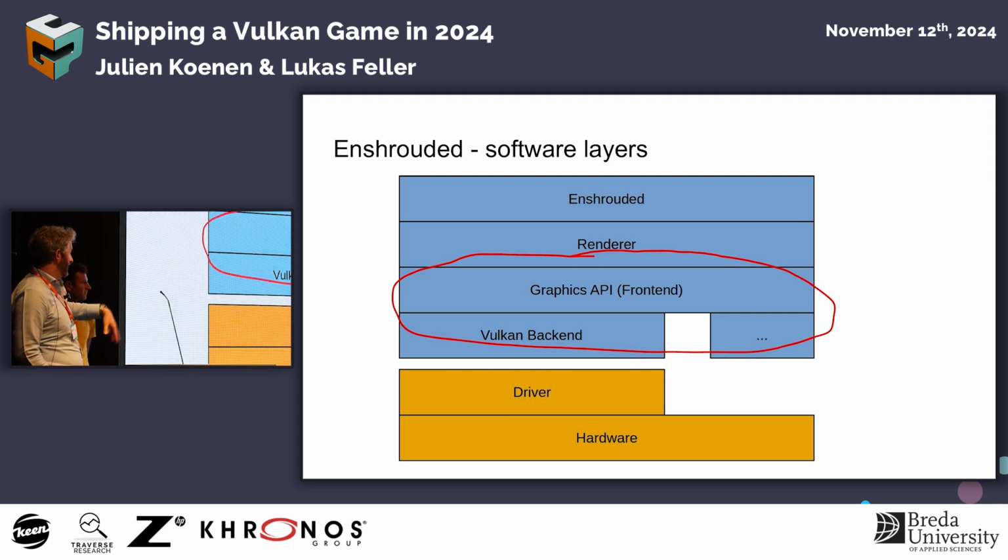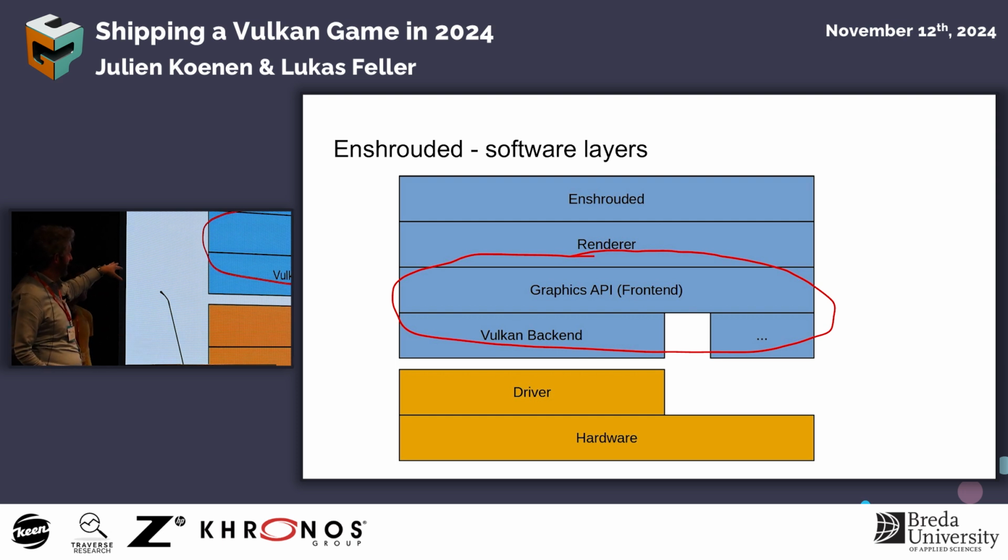This is a rough sketch of the graphics stack. Enshrouded on top is roughly 1.5 million lines of C++ code. The renderer is roughly 100,000 lines of C++ code and maybe 50,000 lines of HLSL code.